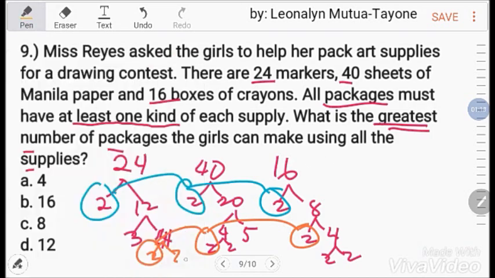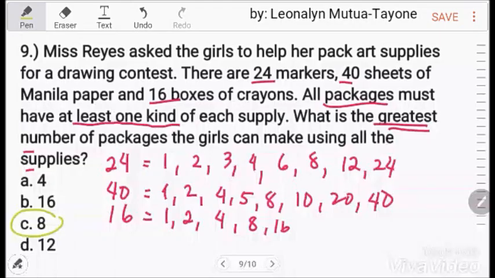So, 2 times 2 times 2, and that is 8. Wala nang iba dito. So, the greatest common factor is 8.